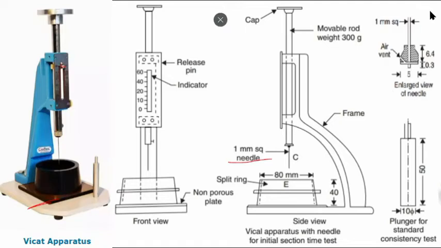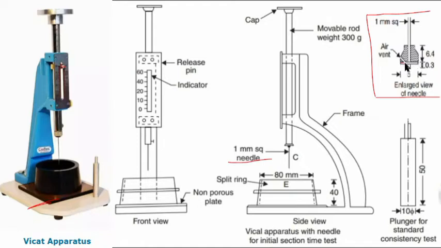This section is used for final setting time. This needle, the C-type needle, is not used for final setting time. The C-type needle is used for initial setting time, and the G-type needle is used for final setting time. The G-type needle consists of an annular ring.